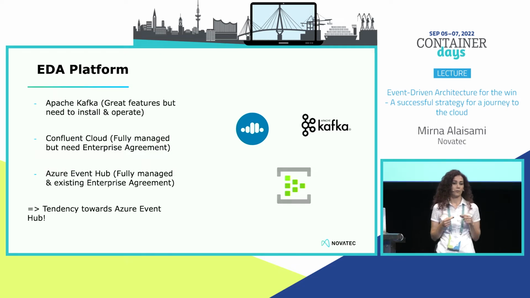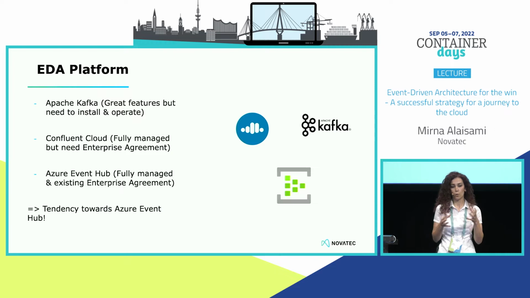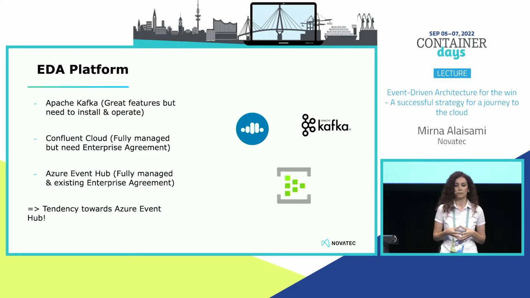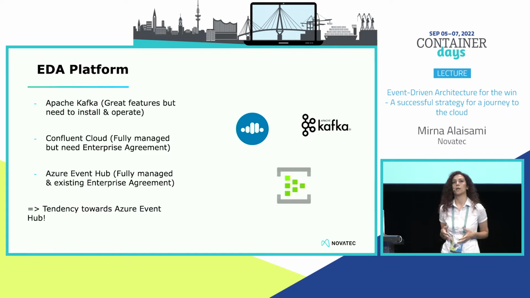And Azure Event Hub is a fully managed service. It offers a lot of features similar to Apache Kafka with some small differences. And the customer already had an existing enterprise agreement with Azure. So Azure Event Hub was the fastest solution to implement in our case, and we decided to try it.